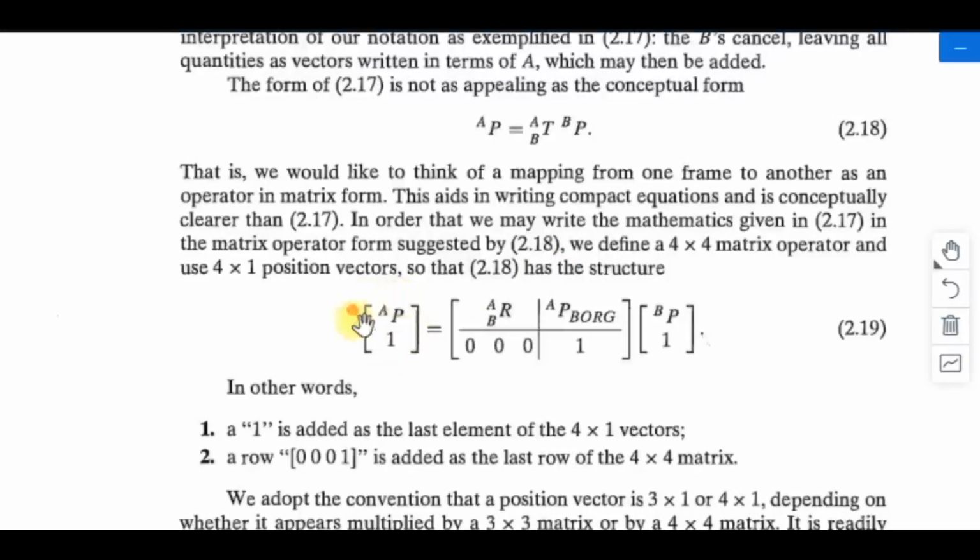So it becomes 4 cross 4 and 4 cross 1. It is a complete set of matrices, the relation between A P and B P. Look at here, the point B P is given and you have to calculate the value of A P.